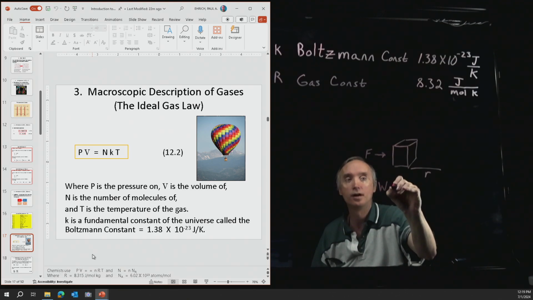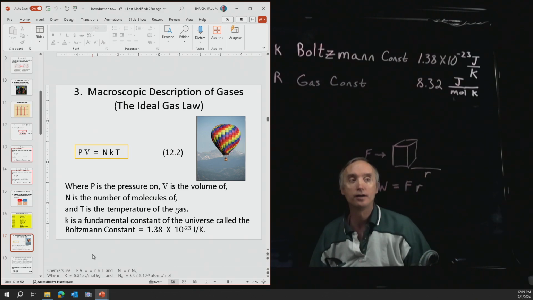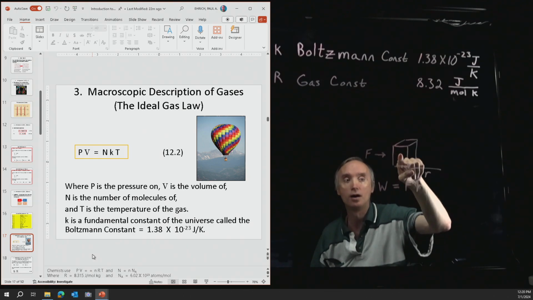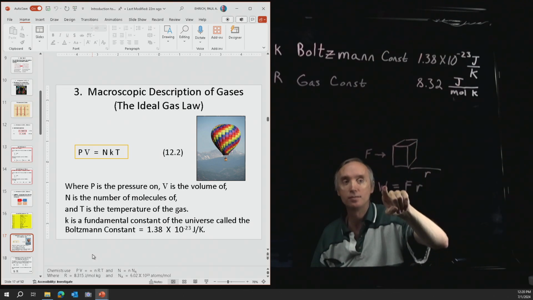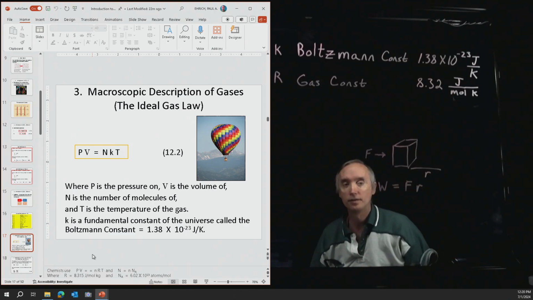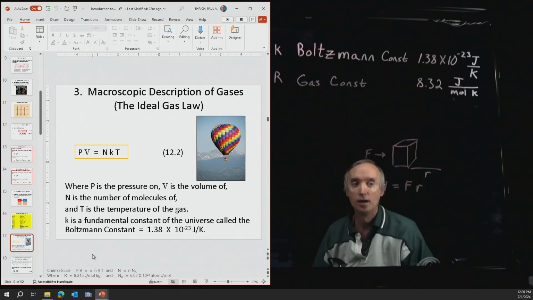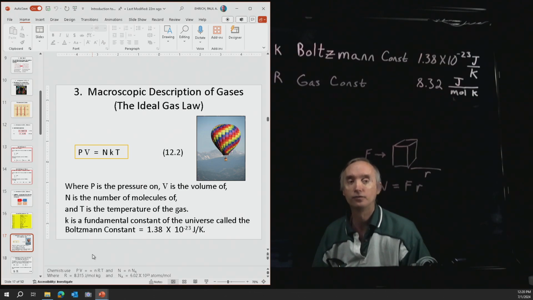So work W is equal to a force multiplied by a distance. When you apply a force to a block, it makes the block move distance r. This is the amount of energy it takes to move that solid block. But what about if it was a fluid?